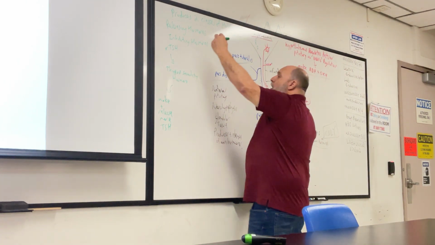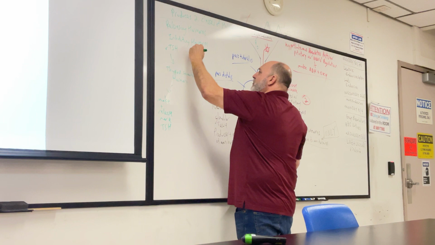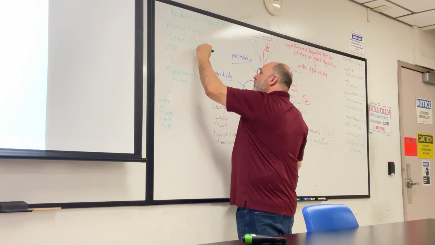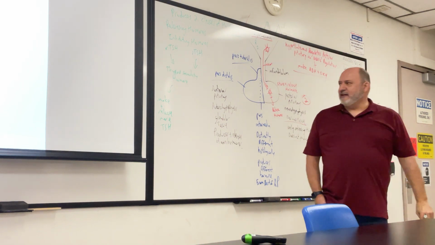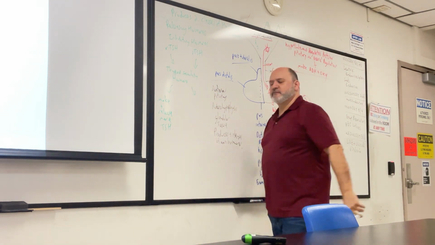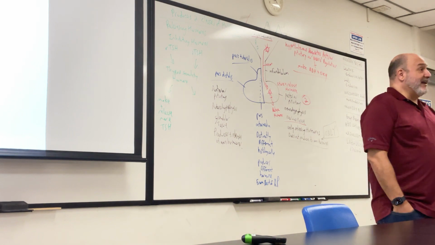Or, our hypothalamus can produce an inhibiting thyroid stimulating hormone. Send that to the anterior pituitary. And guess what would happen if it did that? Yeah, we'd make and release less.